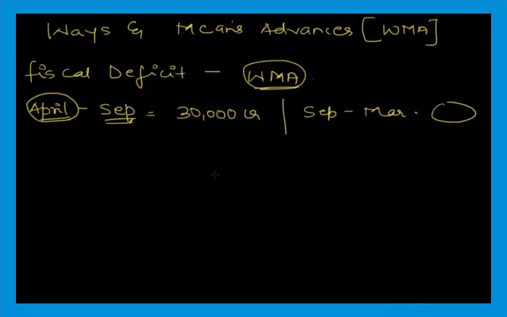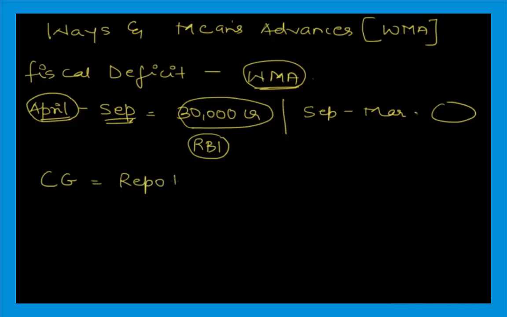Now, the point that you have to understand and remember over here is this 30,000 crore rupees that the RBI gives to the central government under WMA. On this, the central government has to pay the interest rate, which is the current repo rate. Because the central government is borrowing from RBI, the borrowing does not happen free of cost.